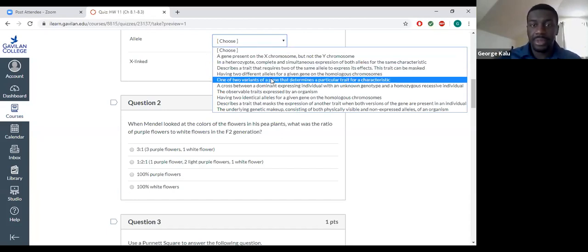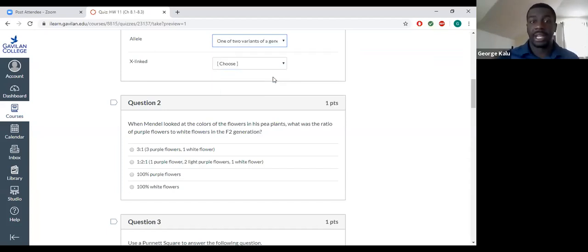Perfect. So one of two variants of a particular gene. For example, an allele might be an allele for purple flowers and an allele for white flowers. Two different variants for the same gene, which was the flower color. So an allele is just a version of a particular gene.